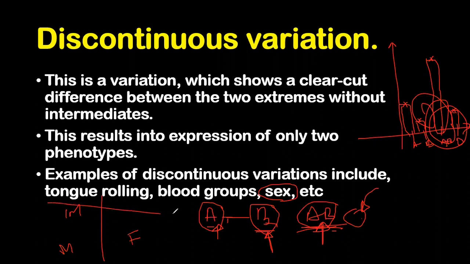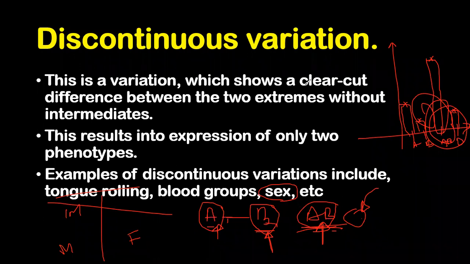Even tongue rolling, you can either roll or you cannot roll. Now I wish I was there to show you what tongue rolling is, but I can describe. Very few people here can roll their tongue. If you try this, get your tongue and try to coil it longitudinally within your mouth.